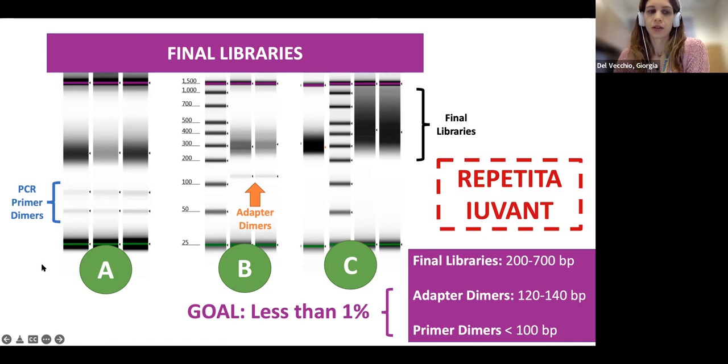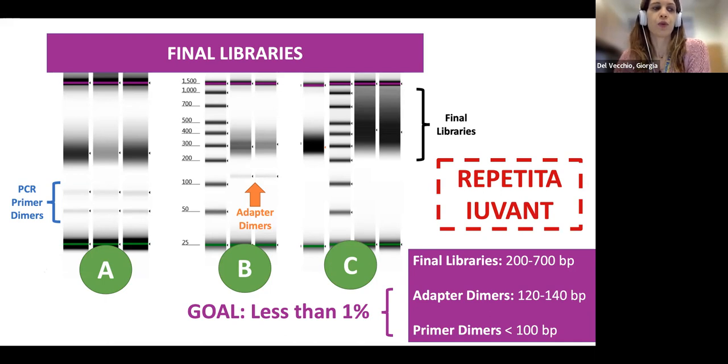don't want to waste reads in just PCR dimers or adapter dimers. So we want to obtain only good reads, and we don't want the effect of the index hopping.